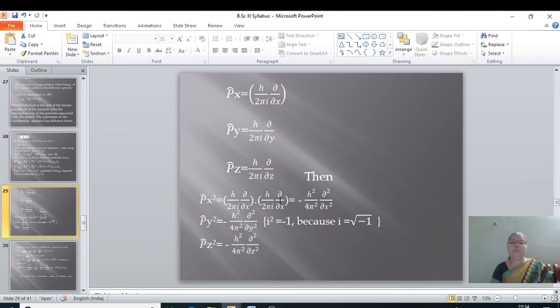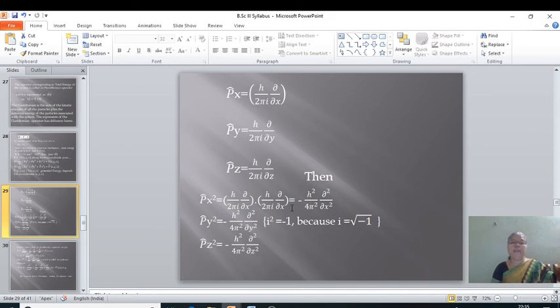into h upon 2 pi i into dou by dou x, and it is equal to minus h square into dou square upon 4 pi square into dou x square. Similarly, along the y-axis we have minus h square upon 4 pi square into dou square by dou y square, and along the z-axis we can write minus h square upon 4 pi square into dou square by dou z square.